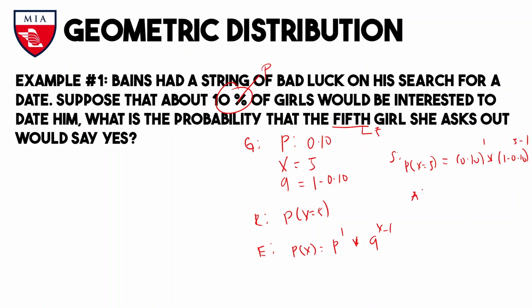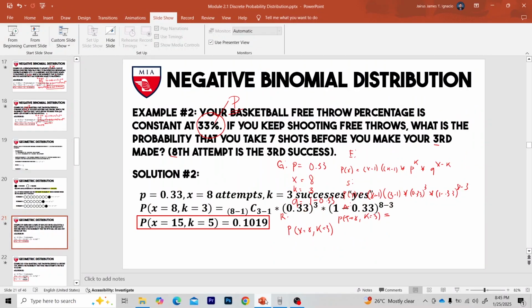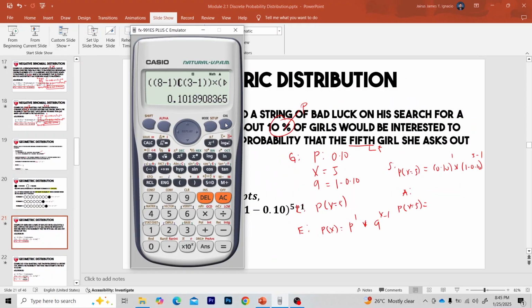For the answer, P(x = 5), let's use the calculator. It's much better for us to be guided, again, like I said. So we have 0.10 raised to 1, I think it's just the same, multiplied by 1 minus 0.10 raised to 5 minus 1.